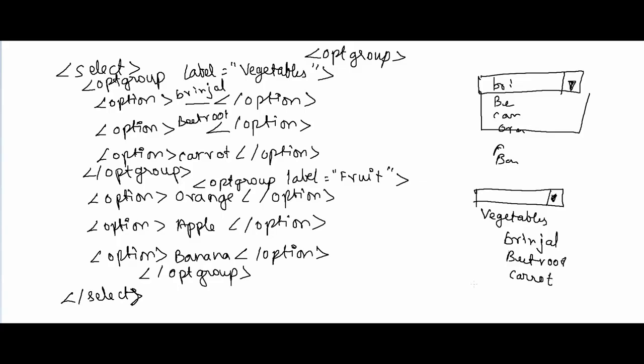The next option is fruits, so go with fruits. Here the list is orange, apple and banana. So this is for grouping the options, and it is called opt group.